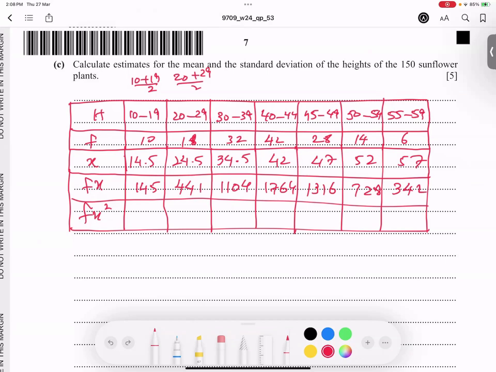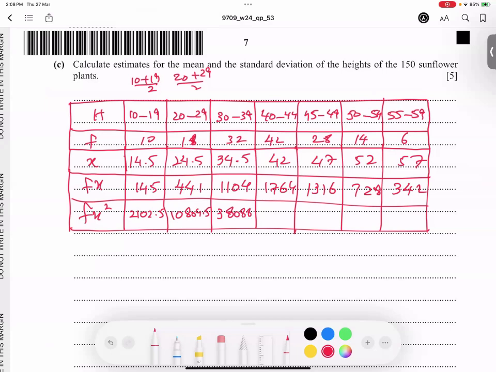If I just do it quickly, it means 10 times 14.5 square, and I get here 2102.5. And fx square, 18 times 24.5 square, and I'm getting here 10804.5. And next value, 32 times 34.5 square, so 38088.